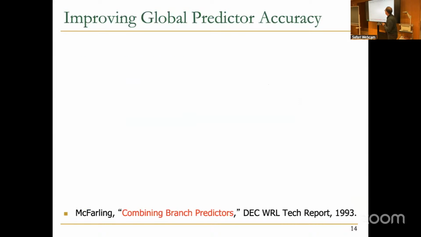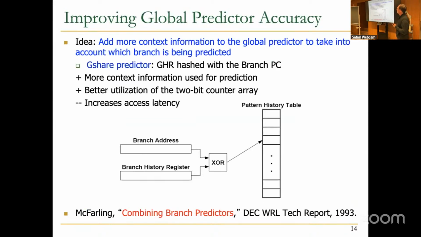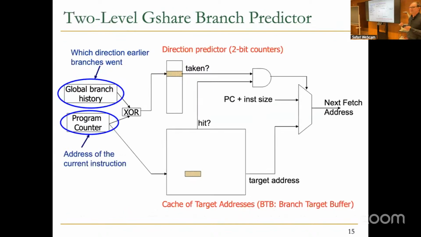If you add more information, you have better randomization. So you improve information as well as utilization. Now, the downside, of course, is increased access latency. That's an XOR. It is on the critical path, potentially, right? Because you need to determine the next fetch address while you're fetching the current instruction. Make sense? OK, so that was new, Gshare.